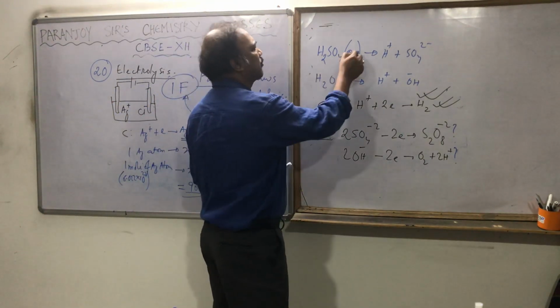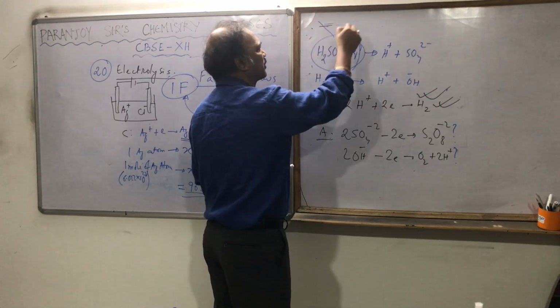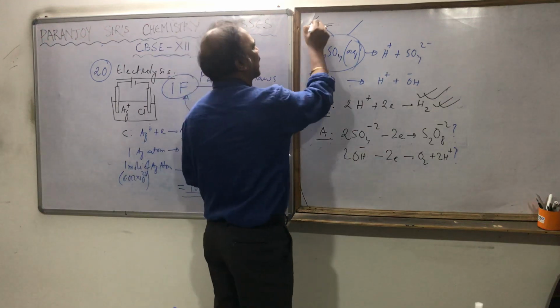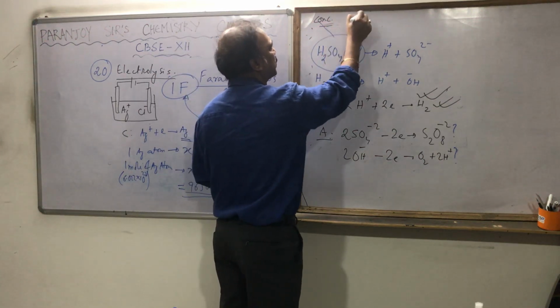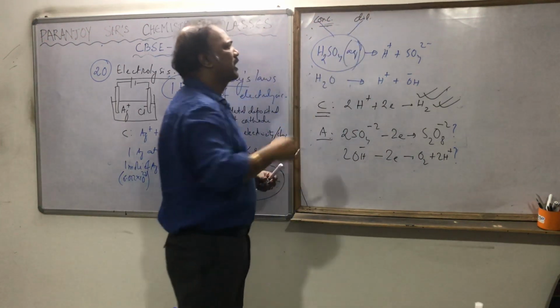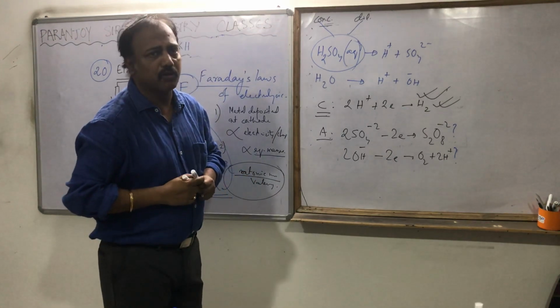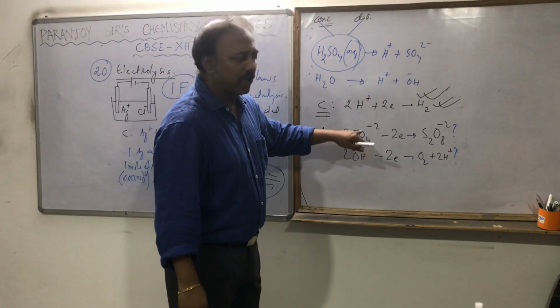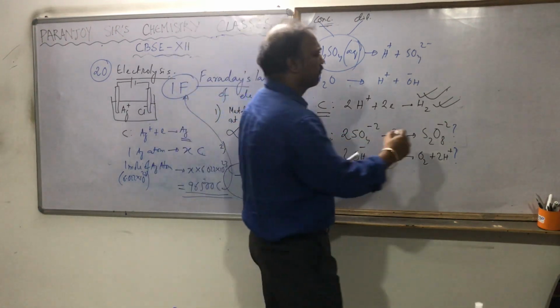Now H2SO4 we can consider in two types: one is concentrated, another one is dilute. If we do the electrolysis of concentrated H2SO4, obviously the amount of sulfate ion is more, so this will be the product.